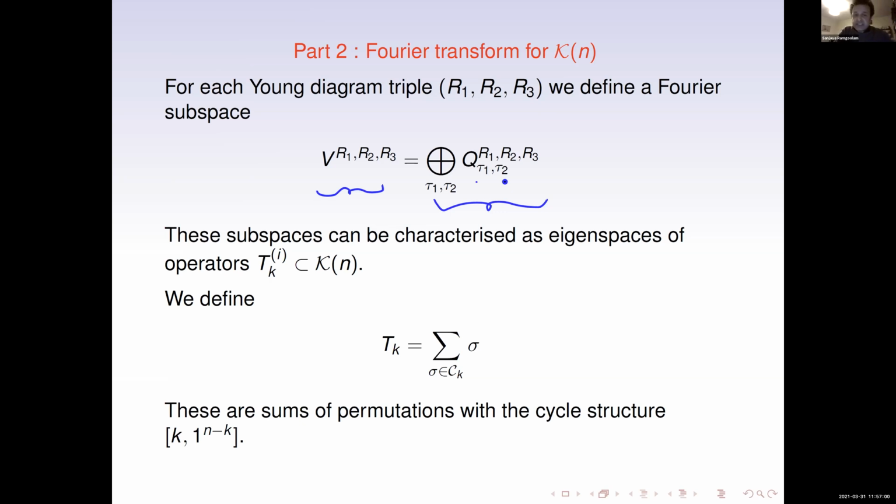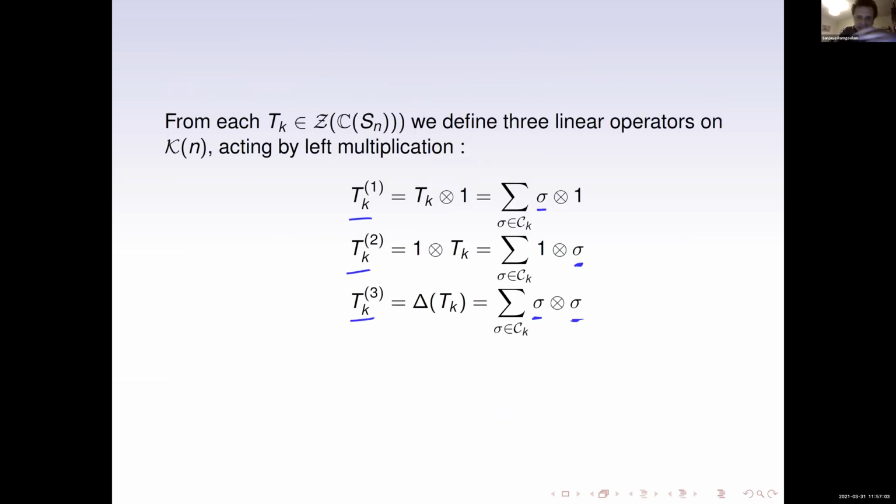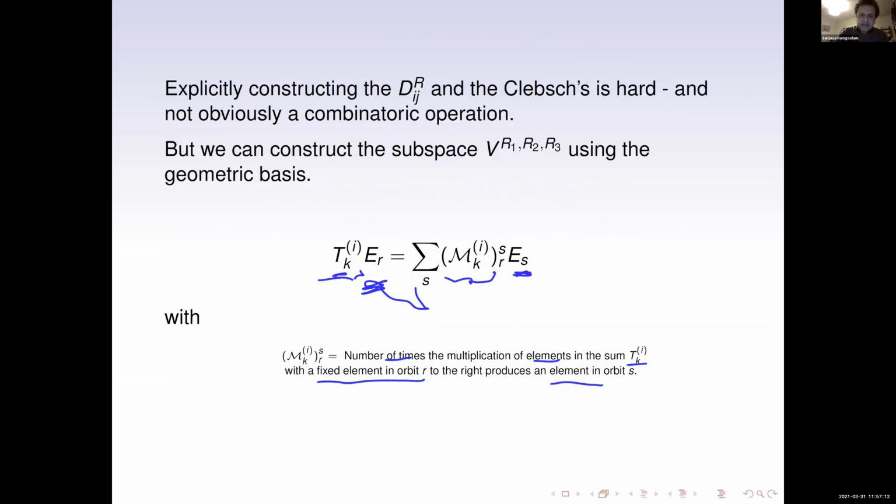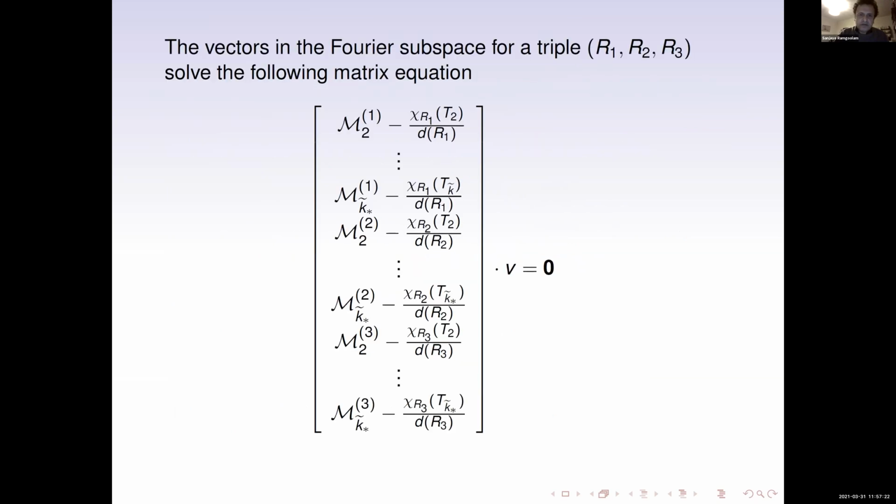We know there are C squared of them, but we haven't actually constructed them because we haven't built the collapse coordinates. What we will do instead is recognize that elements in that block subspace are eigenstates of these tk operators, and we look at these tk operators in the geometric basis. So we're just looking for the eigenstates of that matrix, in other words, the null vectors of the matrix minus its eigenvalue. We need T21, T22 up to tk tilde star 1, and for each of them I have a corresponding eigenvalue.